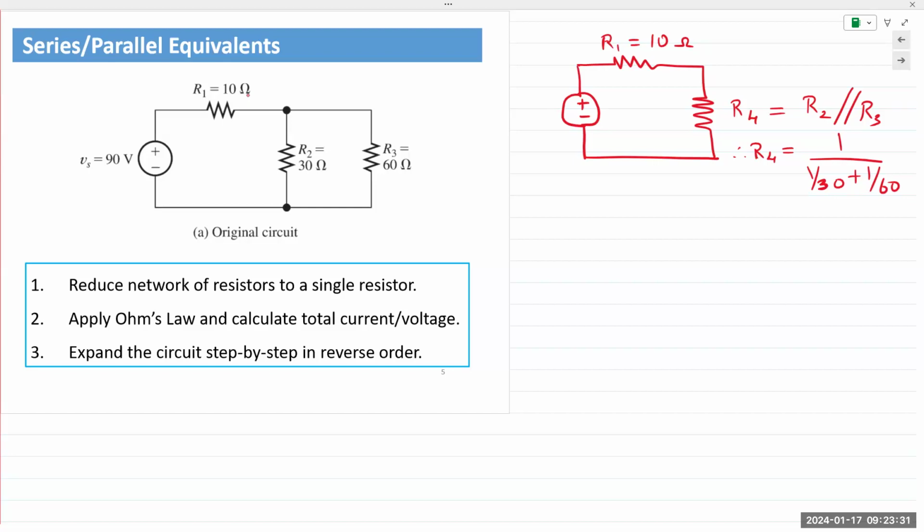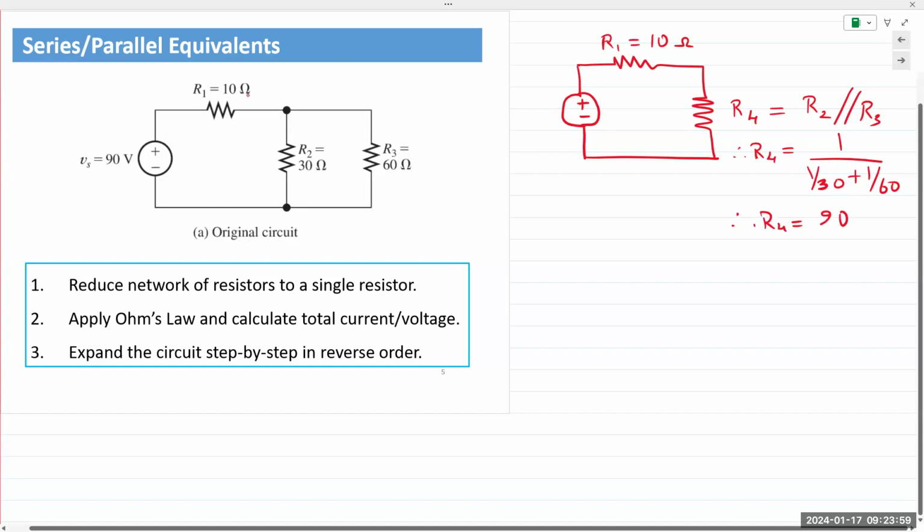If you have two resistors in parallel, when you solve that equation, reciprocal of the sum of the reciprocals, it simply breaks down into the product of the two divided by the sum of the two. So in this case, 60 times 30 gives you 1800 divided by 90, 30 plus 60. And so R4 is 20 ohms.